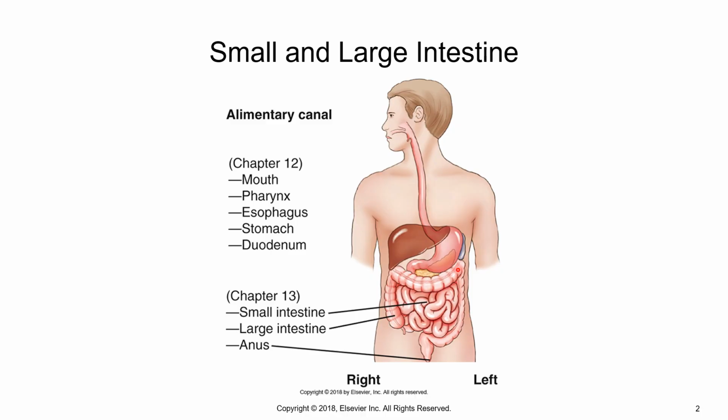The large intestine has pouches or haustra that are formed by the taenia coli, and the small intestine does not. Another difference is that there is far more small intestine, almost 3 times as much, as compared to large intestine.